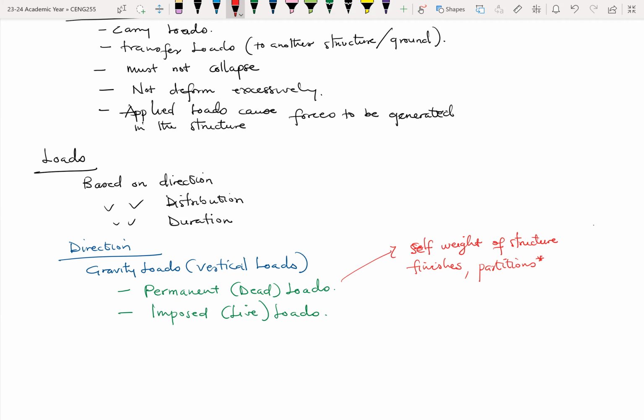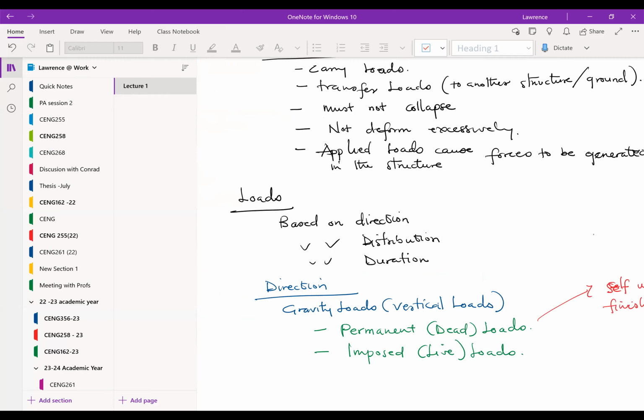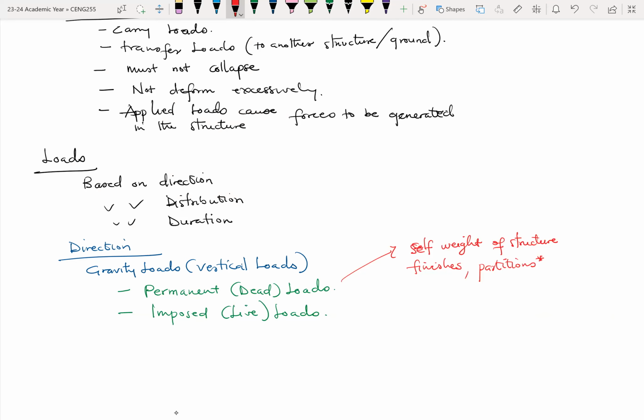We can fix them into the building and then remove them at certain times. And then there are those that stay with the structure throughout, right?